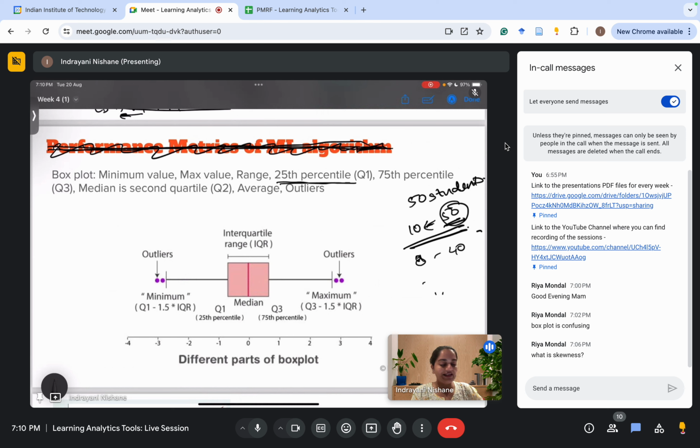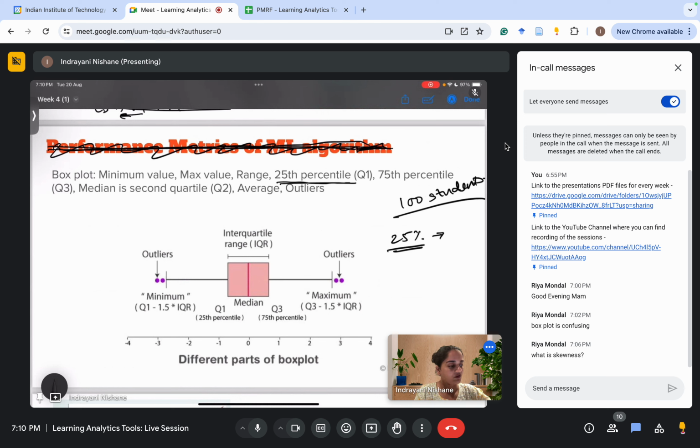If we have a sample size of 100 students, for the sake of simplicity, and we arrange them in ascending order of marks, then where does the bottom 25% end, at how many marks?